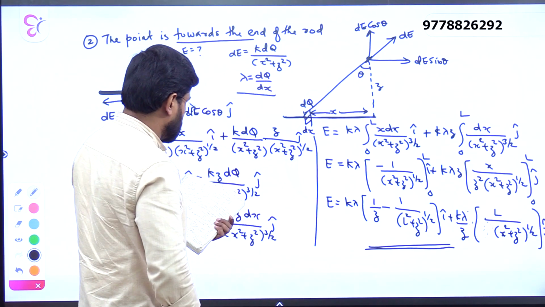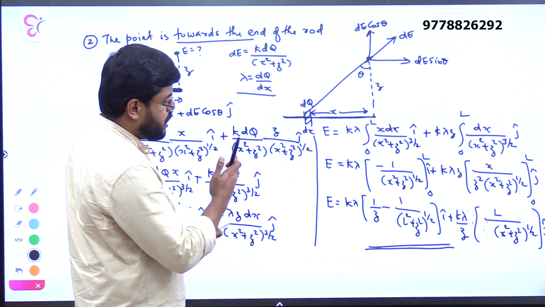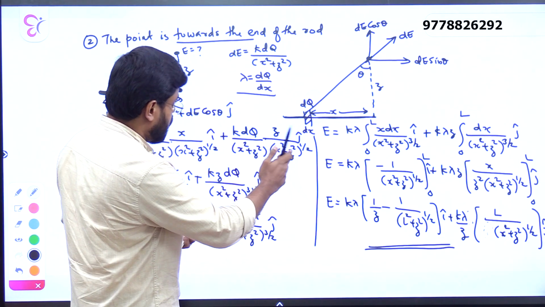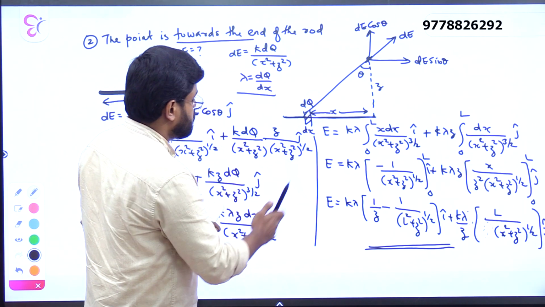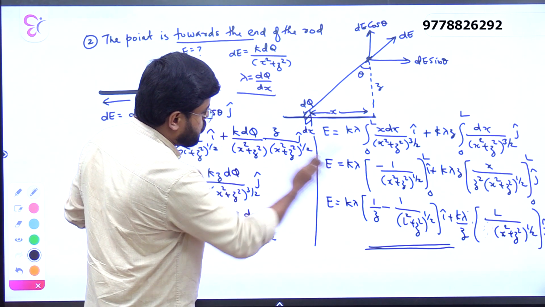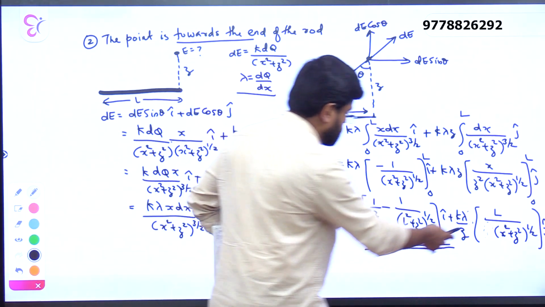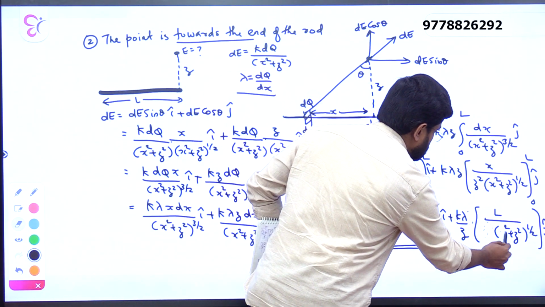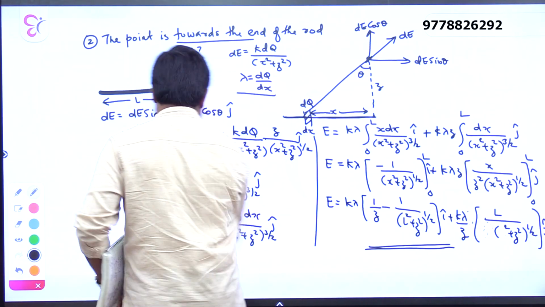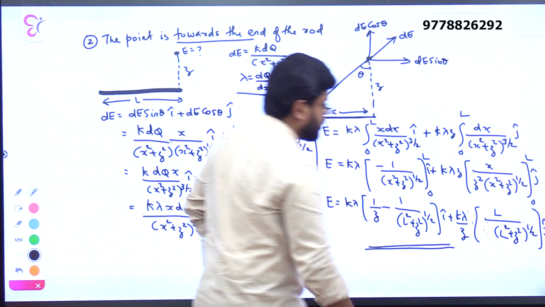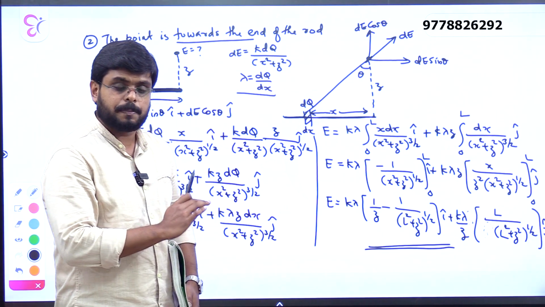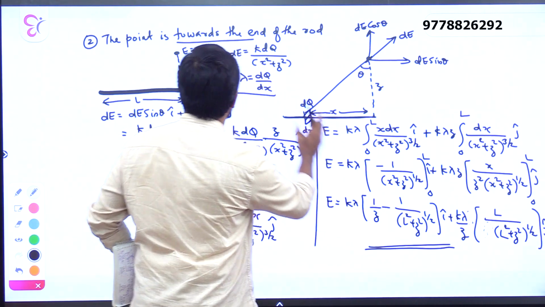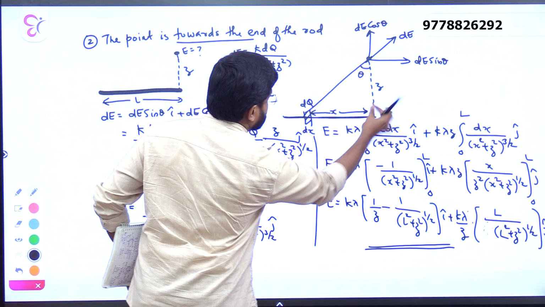So electric field is equal to k lambda into 1 by z minus 1 by z square plus L square whole power 1 by 2 i cap, plus k lambda by z into L by L square plus z square whole power 1 by 2 in j cap direction. If you substitute the upper limit, it will be L square. Is it clear? So this is the case when the point is towards the end of the rod.